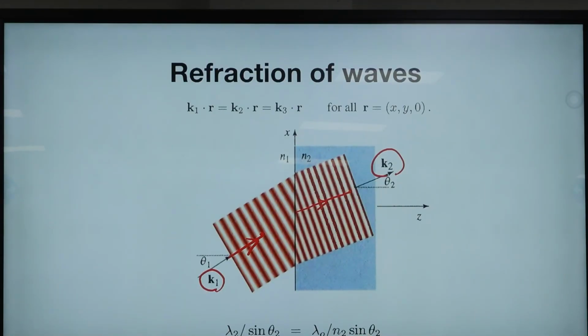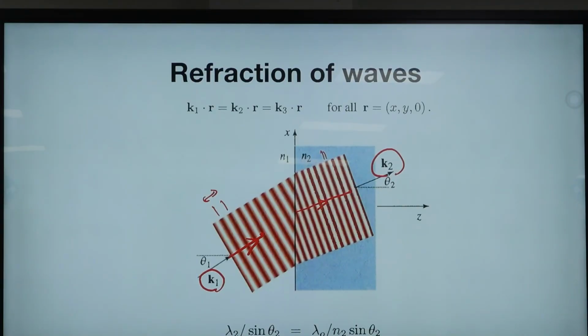What else is happening? The wavelength has become shorter inside the medium compared to outside the medium. And how much shorter? By the ratio of n2 by n1. That's how much the wavelength has become compressed.